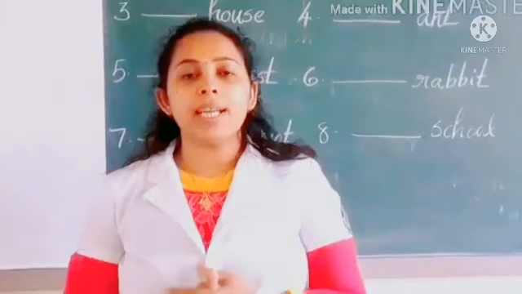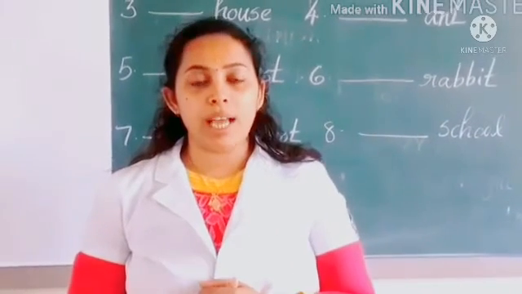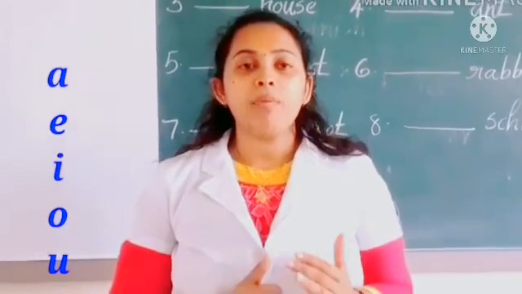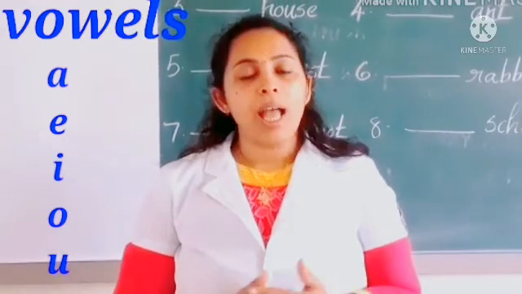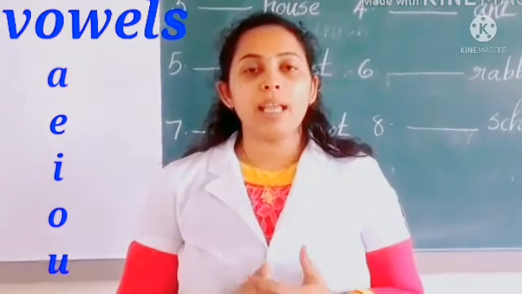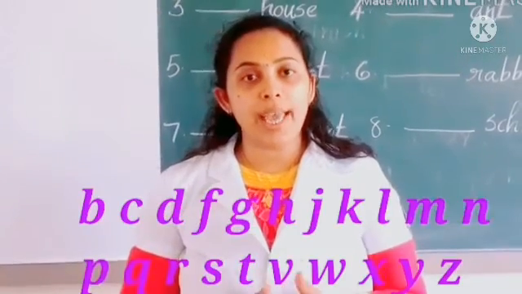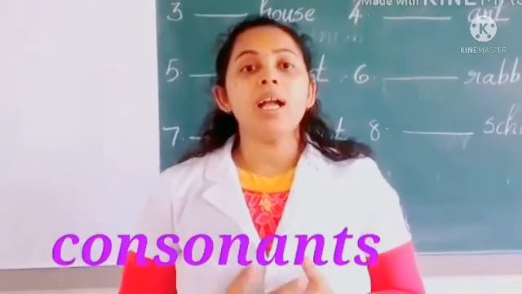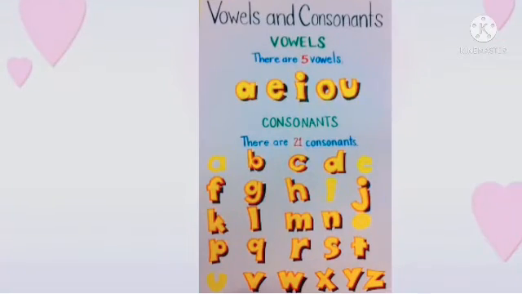So, among these English alphabet, 5 sounds like A, E, I, O, U that we can call vowels, and all other sounds like B, C, D, F, G, H, etc. that we can call consonants. You can see in this picture, there are 5 vowel sounds in the English alphabet and 21 consonant sounds.